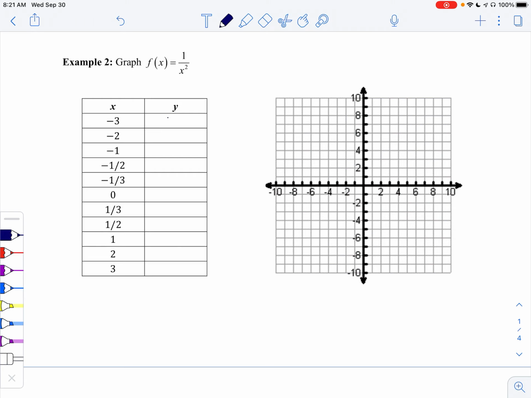The reciprocal of that is 1/9. Negative 2 squared is 4. The reciprocal of that is 1/4. Negative 1 squared is 1. The reciprocal of that is 1. Negative 1/2 squared is 1/4. The reciprocal of that is 4. Negative 1/3 squared is 1/9. The reciprocal of that is 9. 0 squared is 0. The reciprocal of that, 1 divided by 0, is undefined.